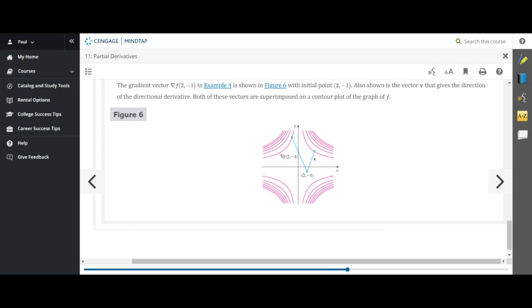And based on the contour plot, if we look in the first quadrant, what are you noticing about the level curves? What seems to be happening as you're moving away from the origin?